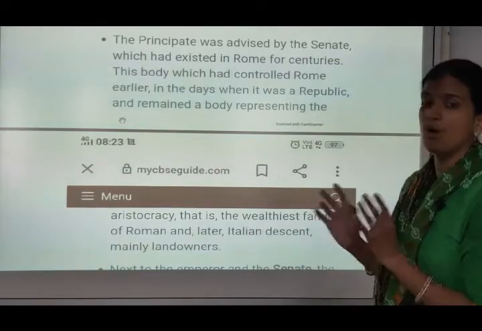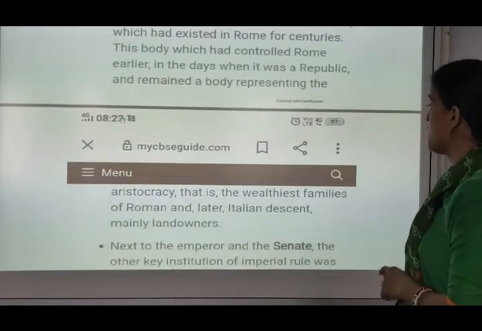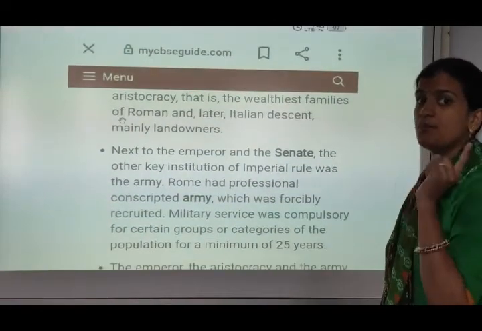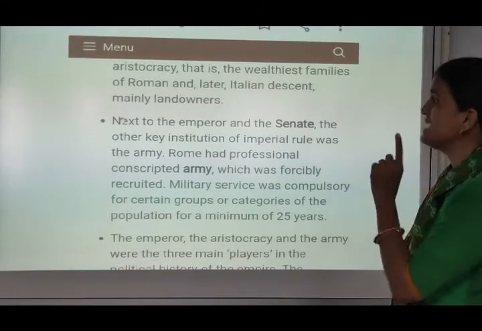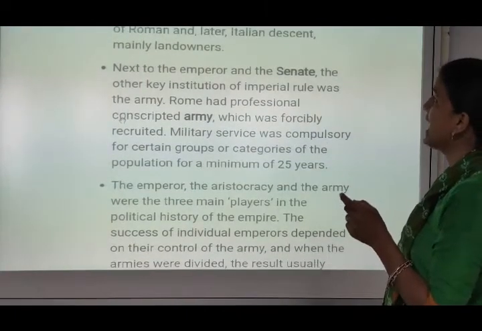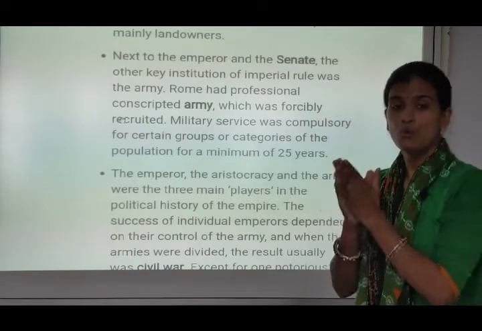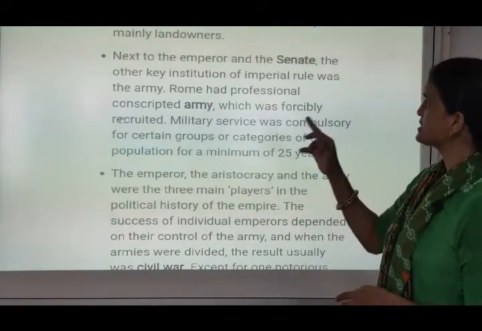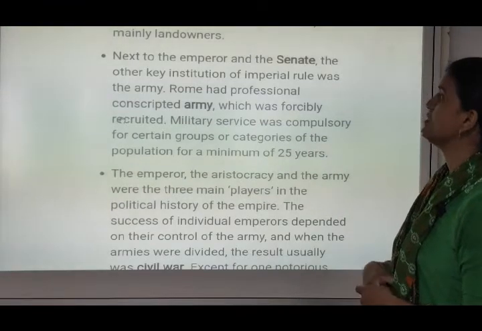Not the poor families, but the wealthiest families formed part of the Senate of Rome. Only the wealthy families could be a part of the Senate. Next to the emperor and the Senate, the other key institution of imperial rule was the army.